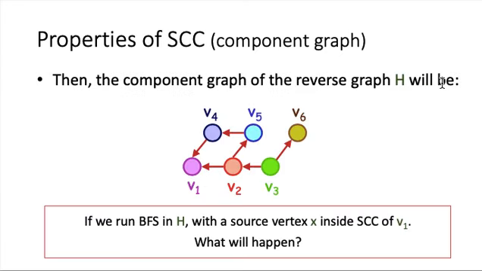And this property not just holds for V1, it also holds for V6, because V6 here also does not have any outgoing arrows. So in that case, if the source vertex comes from inside the component of V6, then after the BFS, we will only visit exactly the vertices in this group.